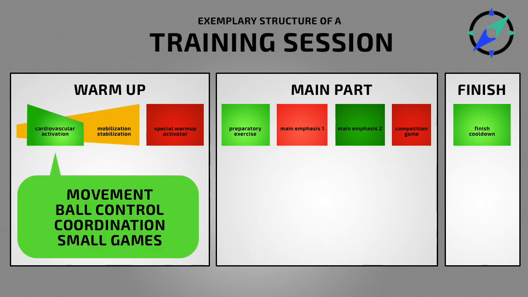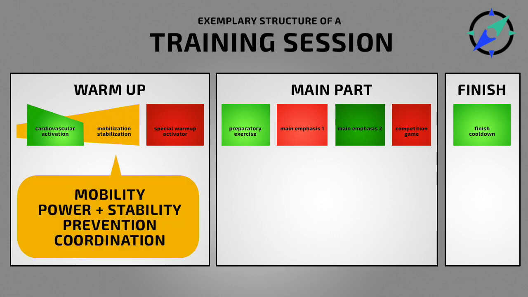So let's take a closer look at the content of each part, starting with the warm-up. You see here in green the cardiovascular activation, which starts with a lot of movements, ball control exercises, maybe some coordination or even small games, even competition games. But you want to start easy and get your body moving so the heart rate goes up and we start sweating and breathing deeply.